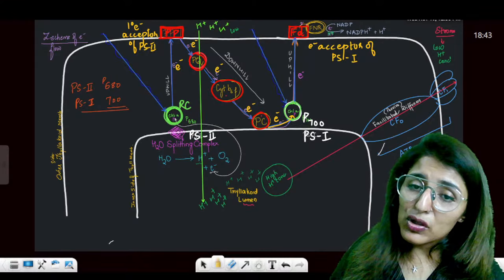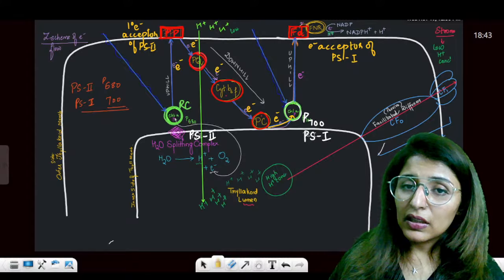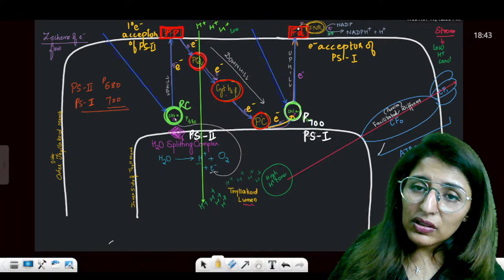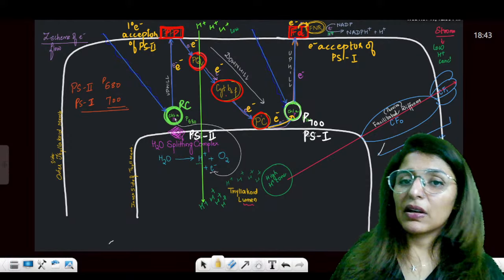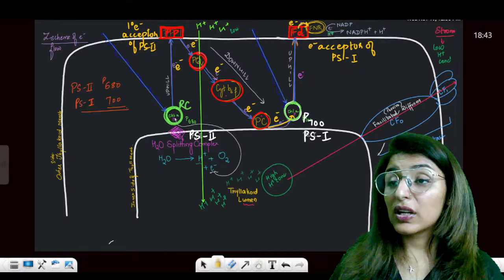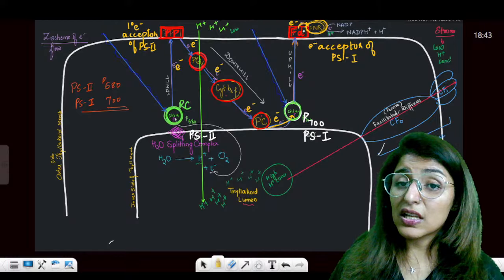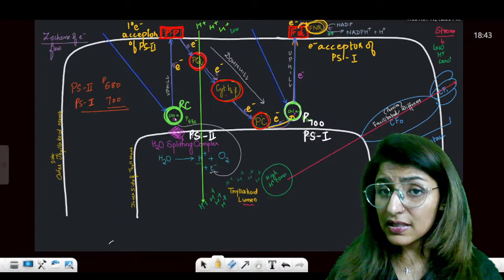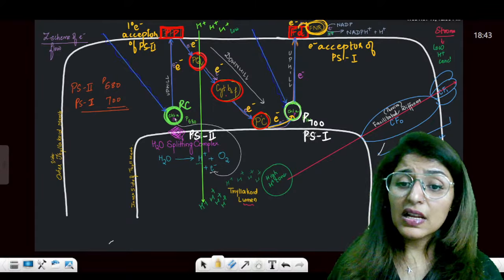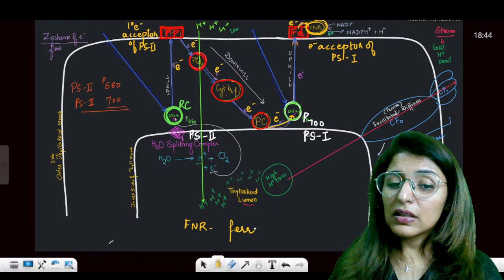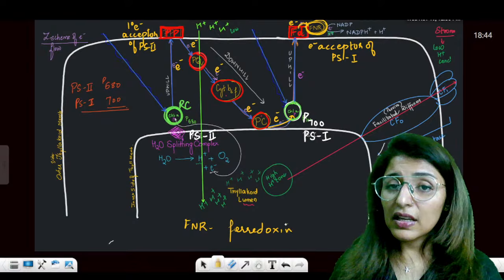The electron which was excited from PS1 goes to ferredoxin. Now ferredoxin will pass on this electron to another chemical, FNR, which is ferredoxin NADP reductase. It is an enzyme which is associated with ferredoxin present in the stroma. So where is FNR? FNR is the ferredoxin reductase enzyme.